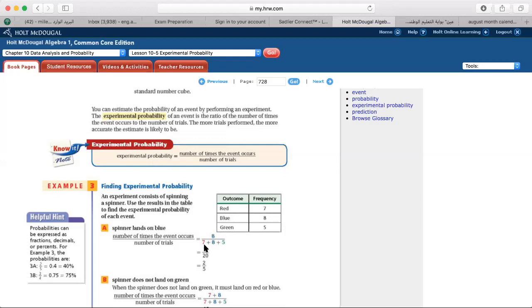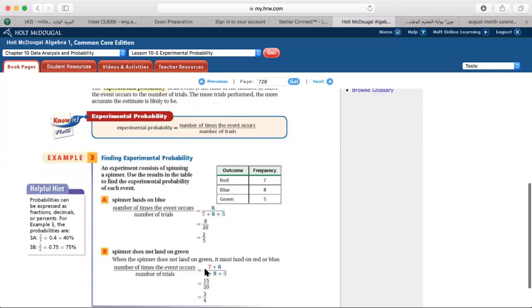As I remind you, in the denominator of a fraction, I write all, the whole. So I'm going to add all the trials, 7 and 8 and 5. 7 plus 8 is 15, 15 plus 5 is 20. So 8 out of 20, when I simplify it, is 2 out of 5.